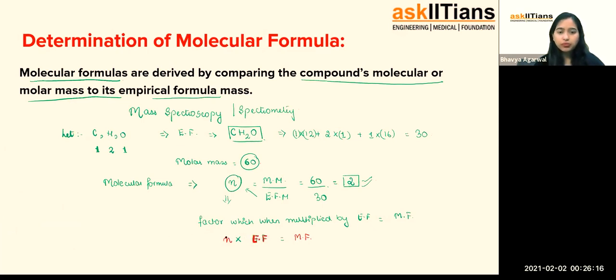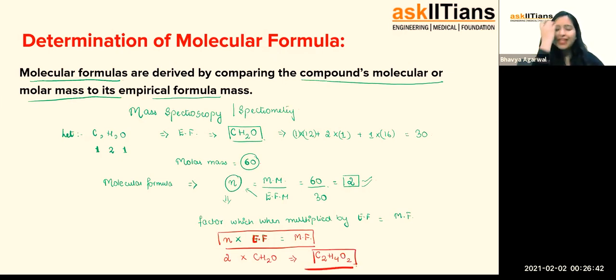So by putting the values, for N, we can put the value as 2. So 2 into empirical formula. For empirical formula, we will put the value as CH2O. What do we get? C2H4O2. Oh, my bad. That will be your molecular formula. C2H4O2.